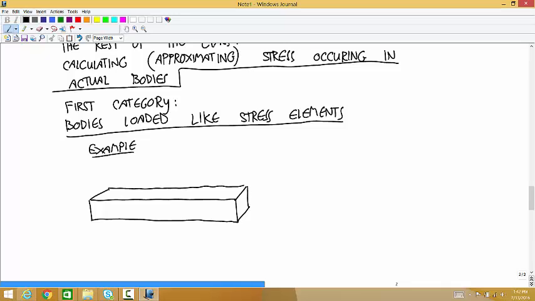Let's say it's 1.5 meters long, and 0.2 meters front to back, and 0.2 meters tall.